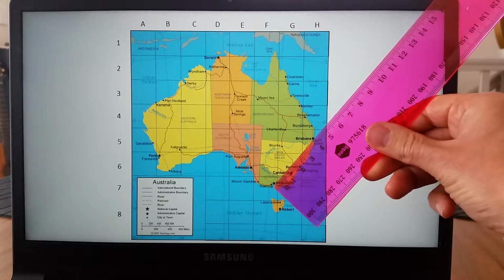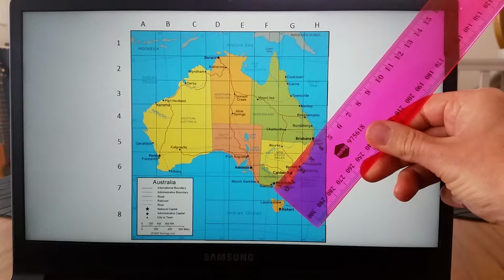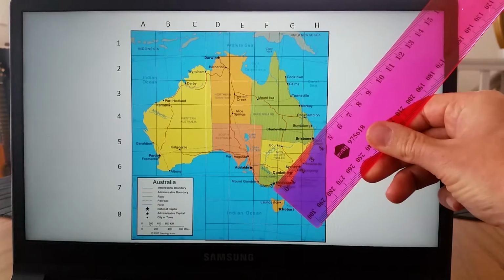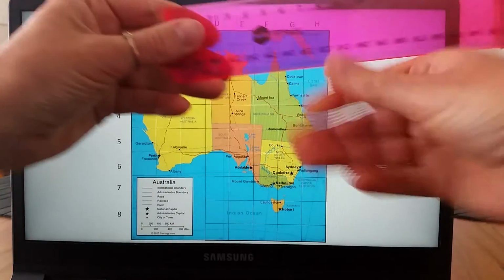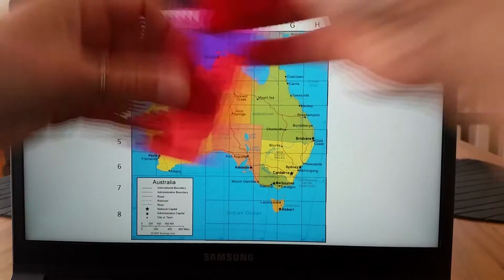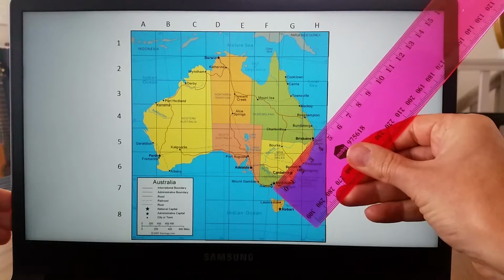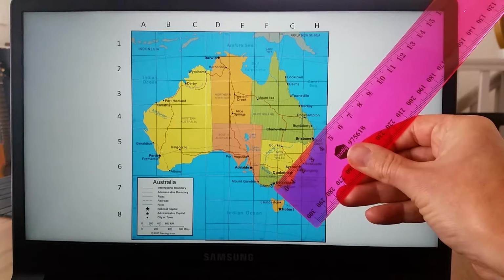If I place my ruler against Melbourne and Brisbane there, perhaps, nope, it's easier this way. So between Melbourne and Brisbane, I have got 4 centimeters on the ruler.